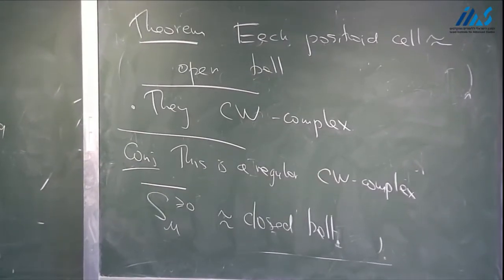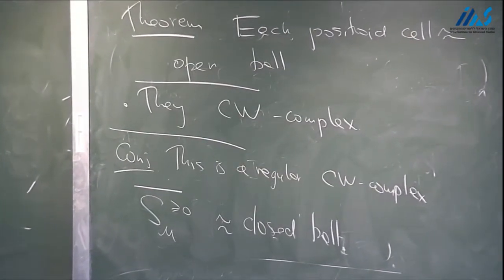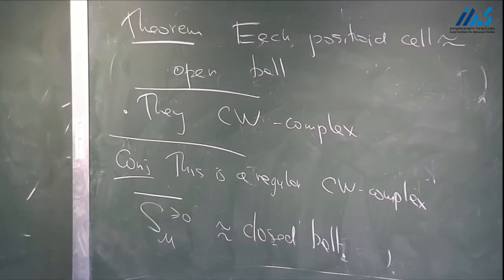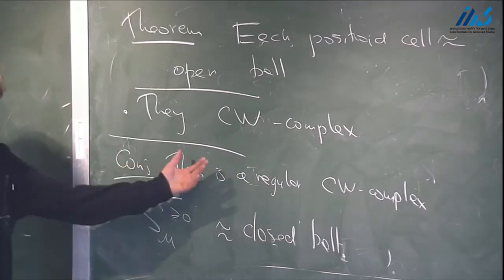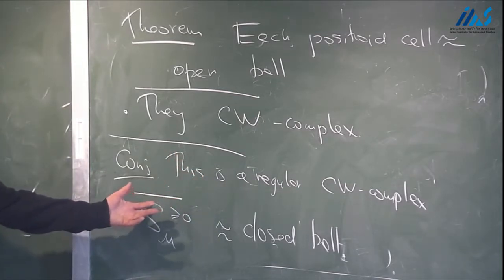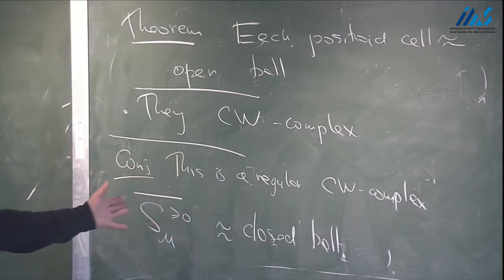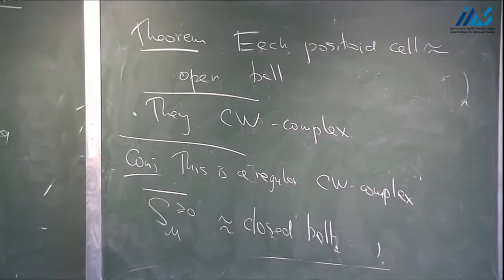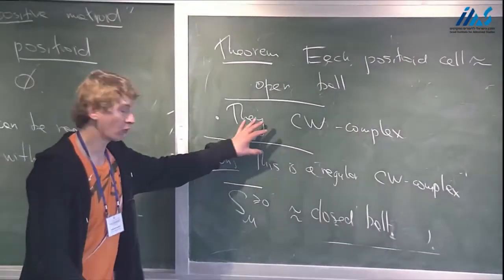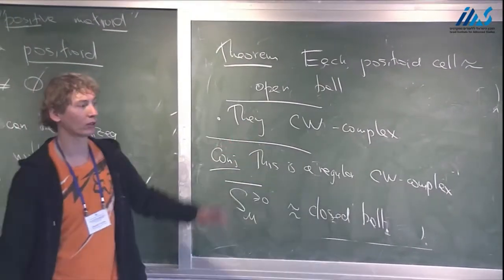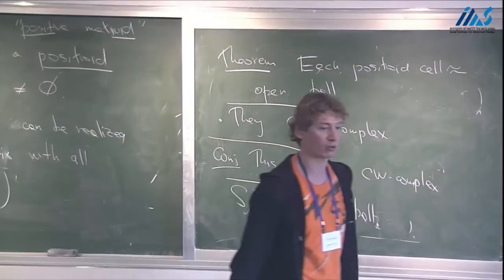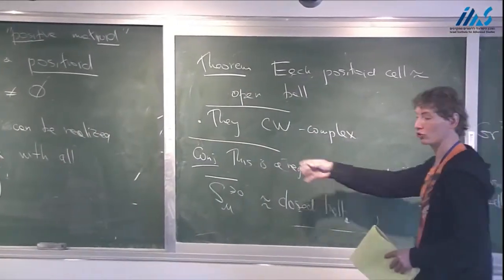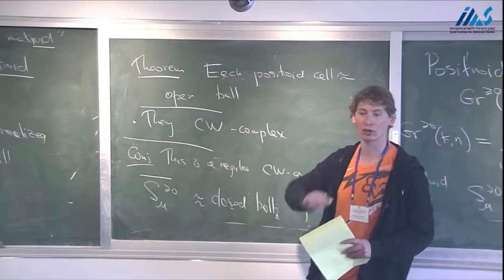If you take any open face, take its closure, you get a closed face, which is obviously homeomorphic to a closed ball. But that's definitely not true for any CW complex. For example, it's not true for the Schubert decomposition. Schubert cells are open balls, but if you take their closures, they may have non-trivial topology. But for the positroid cells, inside of the positive Grassmannian, the topology of the closure, well, conjecturally, is trivial.